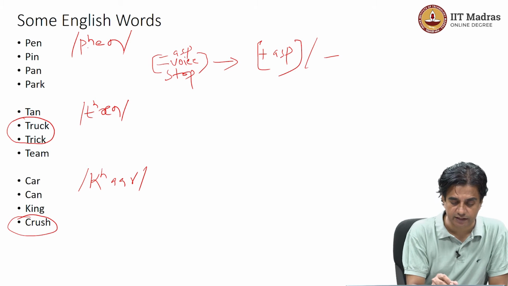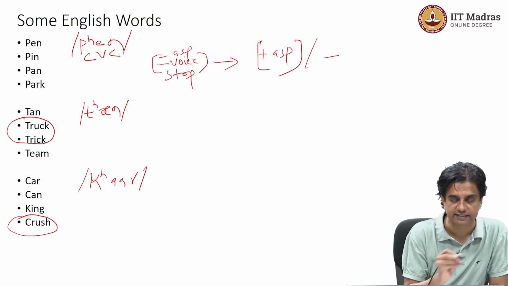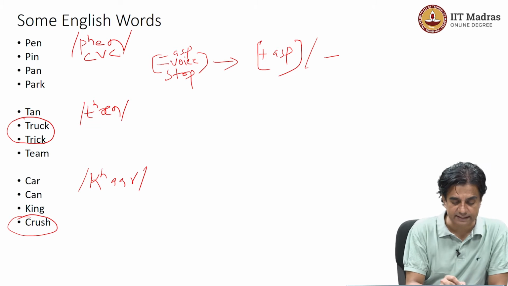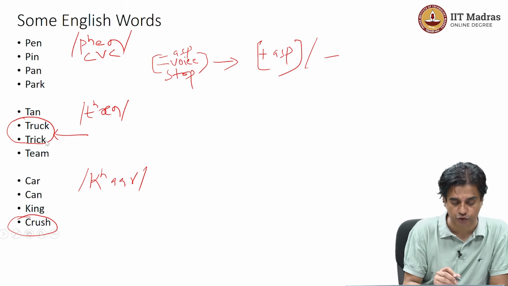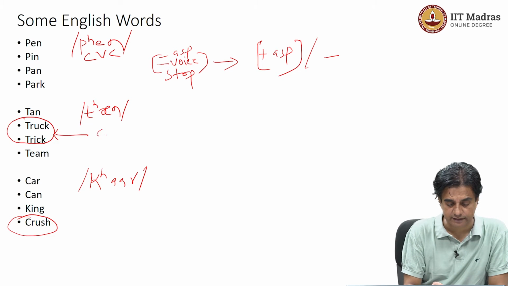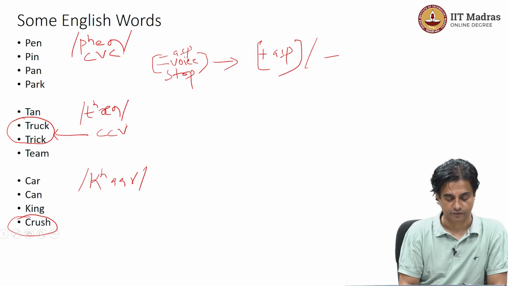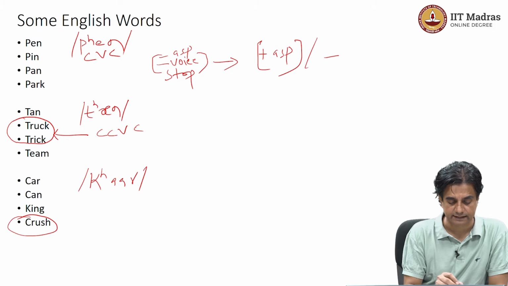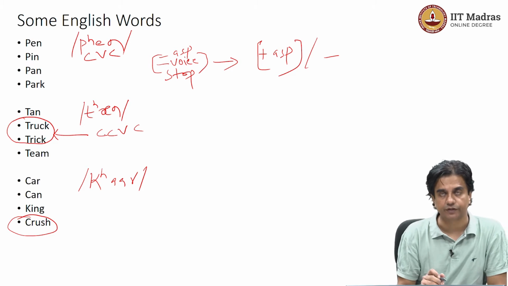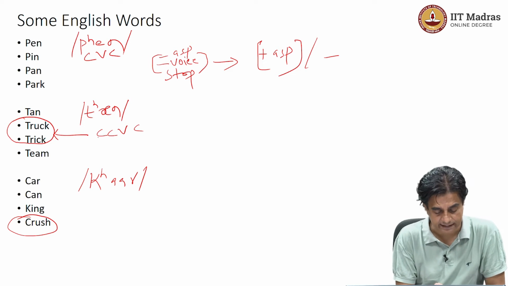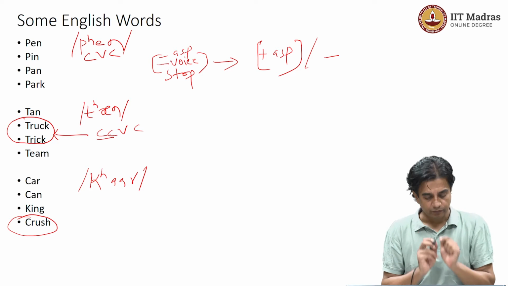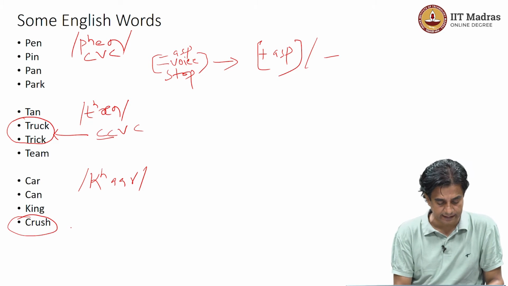So, this is CVC, whereas these 2 are CCV, meaning there is a cluster. Here again we see CCVC.